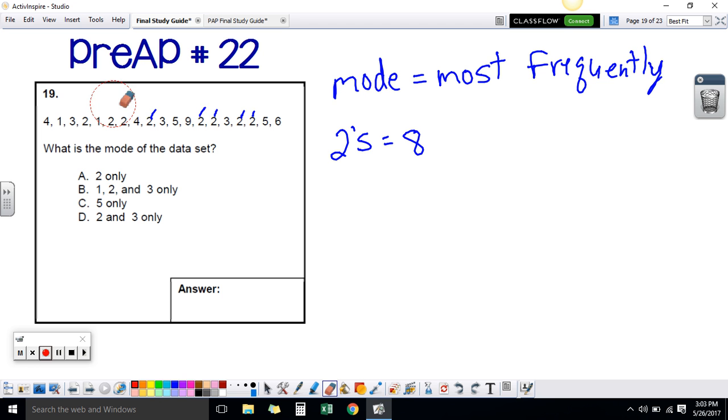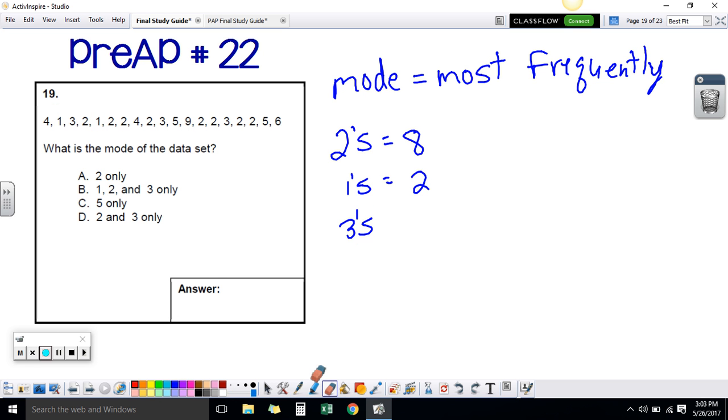Okay, let me erase these guys. Okay, letter B says 1, 2, and 3 only. Well, I've already counted my 2's. Let's count our 1's. I've got 1, 2. Well, I've only got 2 of those. Okay, let's go ahead and check 3's.